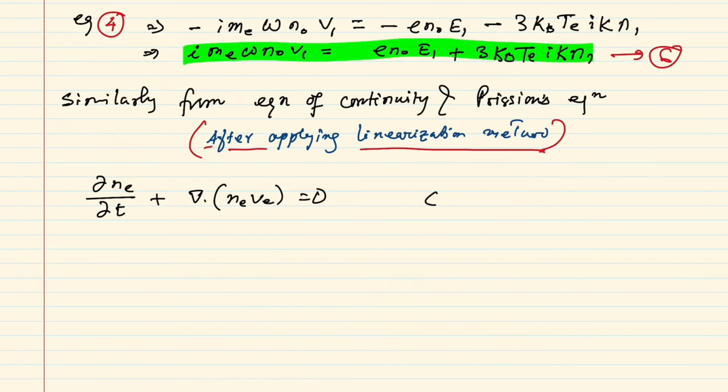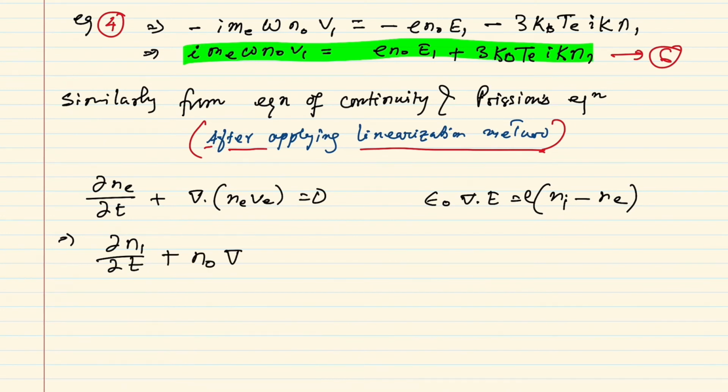then epsilon naught del E is equal to e N1. Before linearization these are the equations, and after linearization we will get del N1 by del T plus N naught del dot V1 is equal to 0.